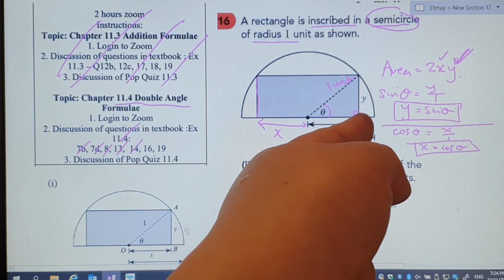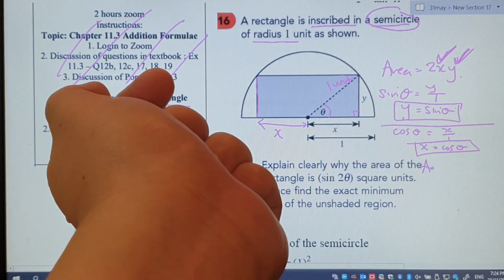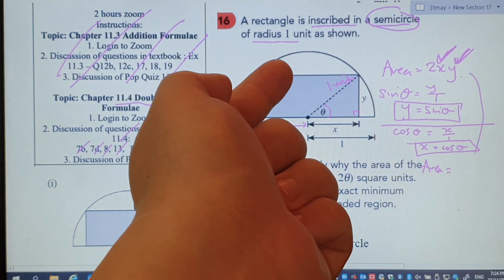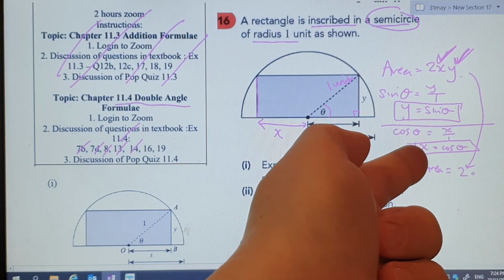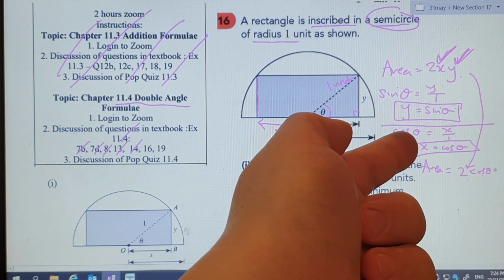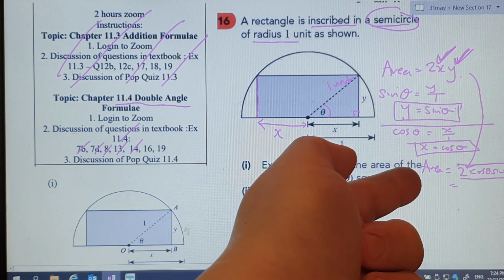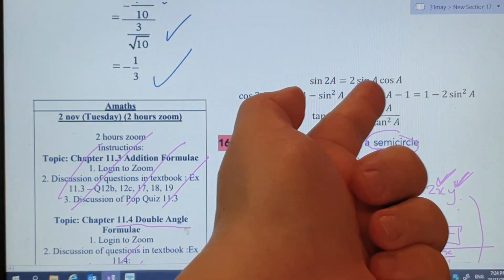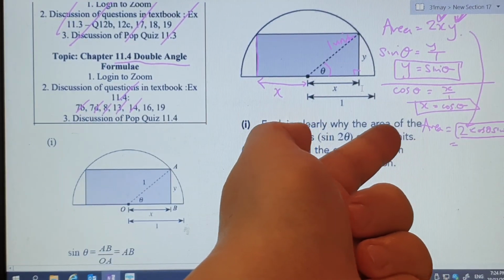Again, I sub this inside here. I will be able to get the area of the rectangle, which is 2 cos theta sine theta. So if you know and remember your double angle, 2 cos theta times sine theta is sine 2 theta.